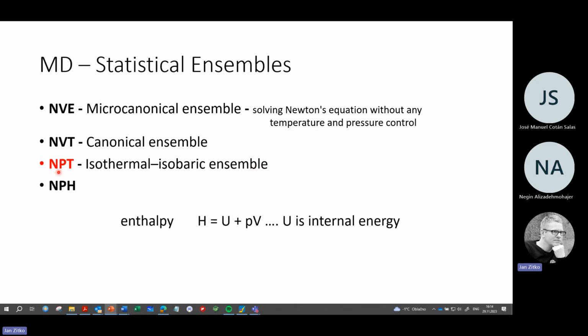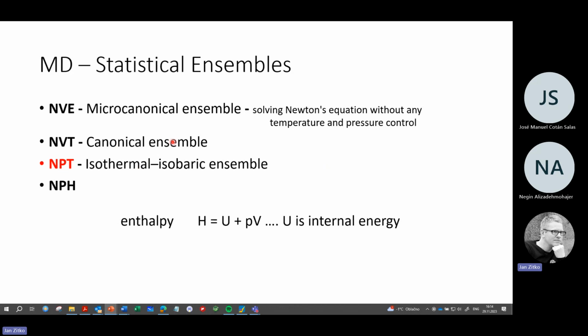NPT means that we have a fixed number of particles, that's the N, and we are controlling the pressure, usually setting it to one bar, 1 atmosphere, and we are controlling the temperature, usually setting it to 300 kelvins or something similar. This is what we use most often for the production stages. We'll talk a little bit more about the stages later.